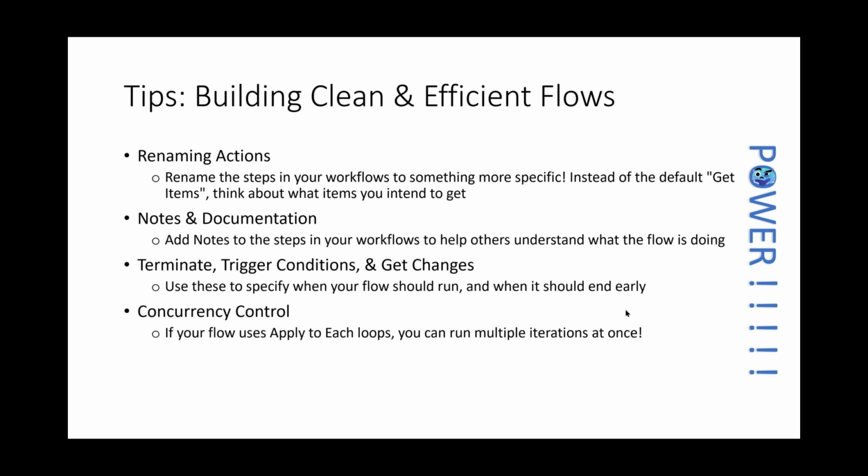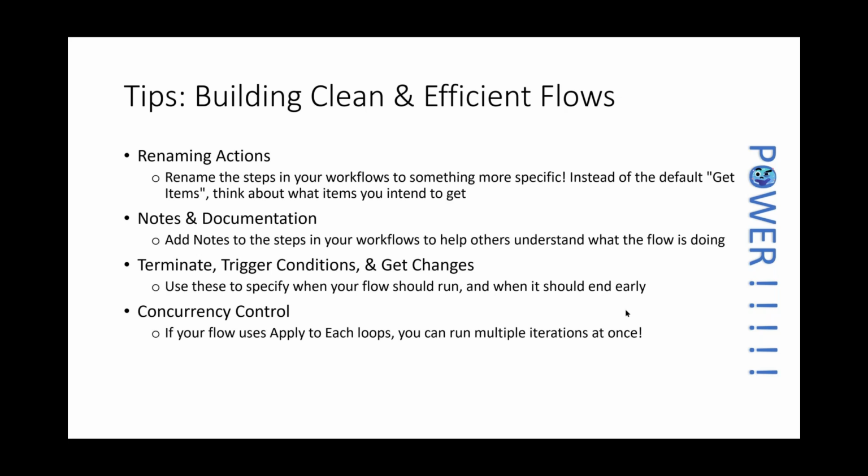We also talked about terminate and get changes, but there's one more control that I want to point out about really limiting your flow runs to just the runs you think should be happening, and that's called trigger conditions. Essentially, the point of terminate, get changes, trigger conditions, all those pieces of logic is to really just help you start to limit your workflow, right?